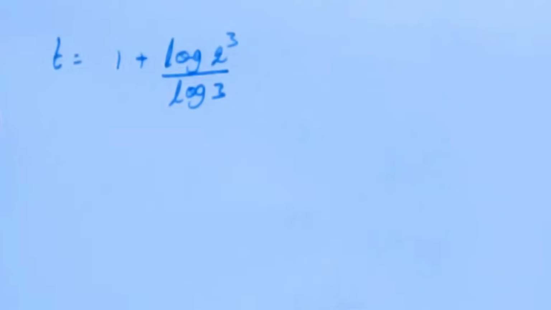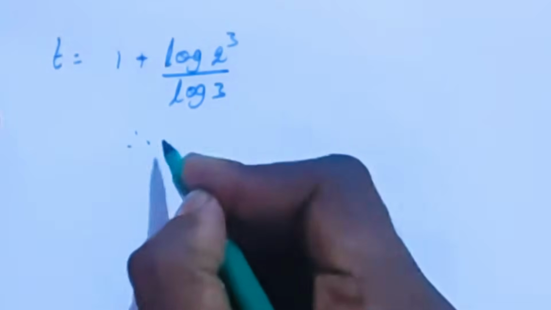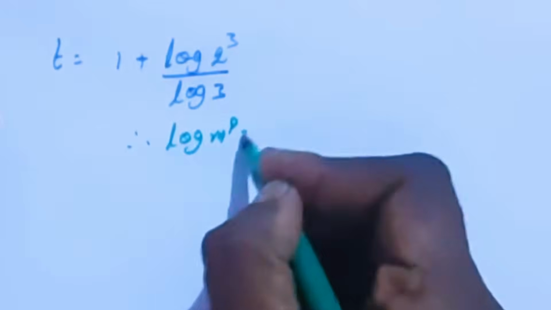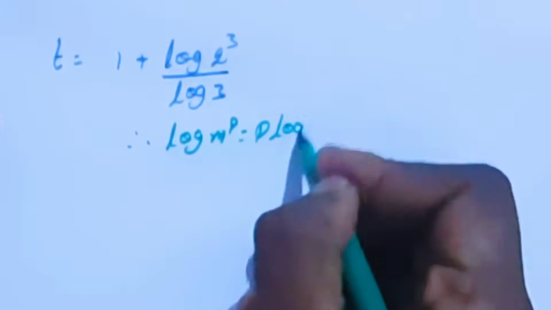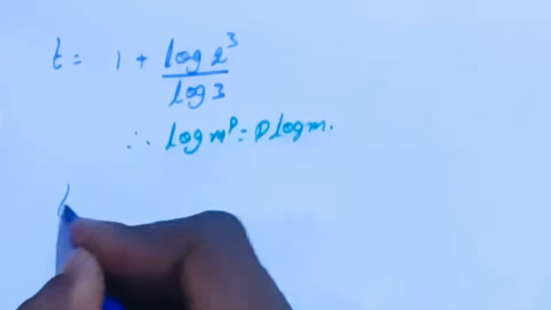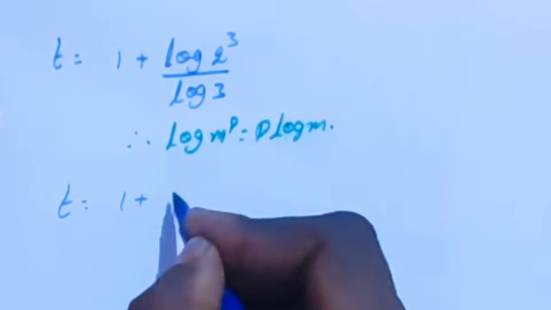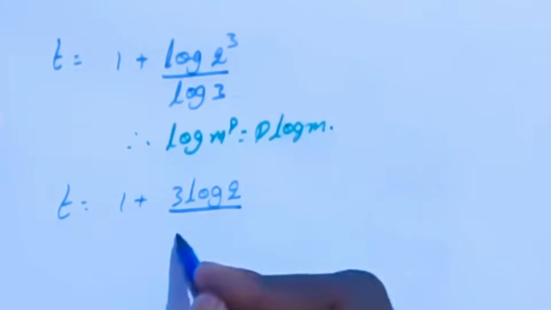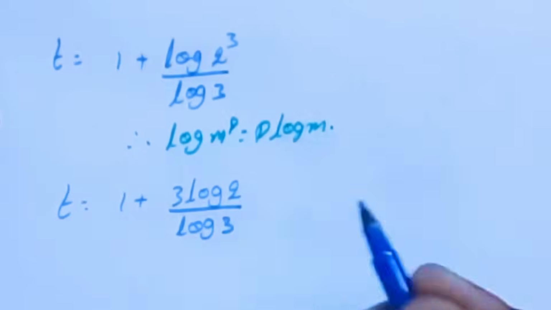Now we are going to apply this log power formula. Log m power p equal to p log m. This we are going to apply here. So t equal to 1 plus 3 log 2 by log 3.